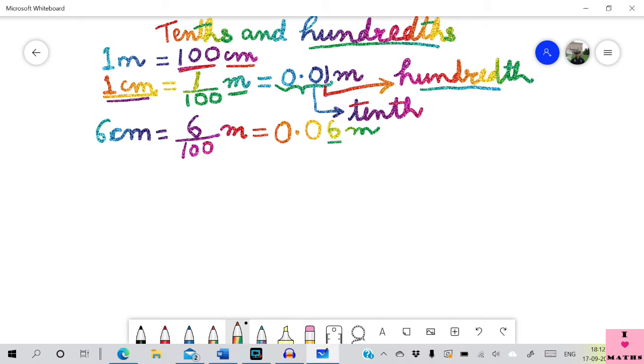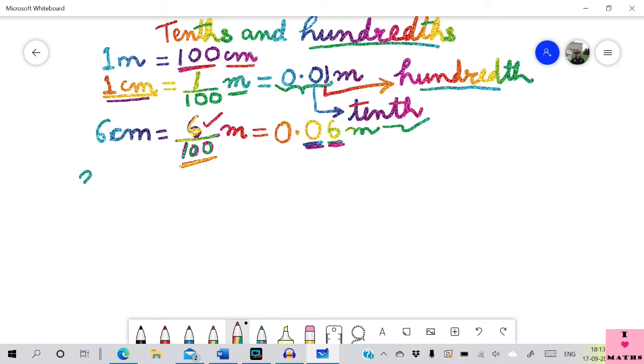Children, we write 6 at the 100th place. This is the 100th place, and this one is the 10th place. We have to put a 0 at the 10th place, then only 6 will be at the 100th place. Since 6 is out of 100 equal parts, this 6 upon 100 is written as 0.06 meter.